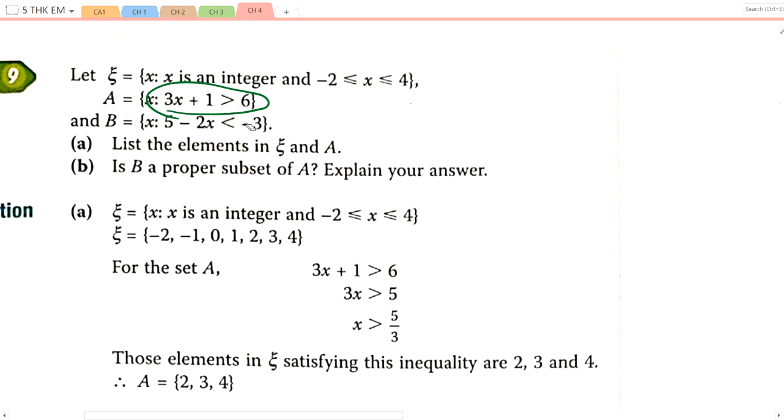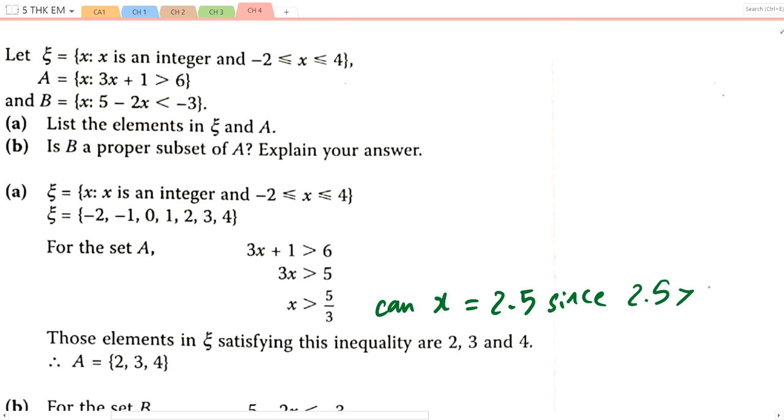Then you should be wondering, why can x not be equal to, for example, 2.5, since 2.5 is greater than 5/3?